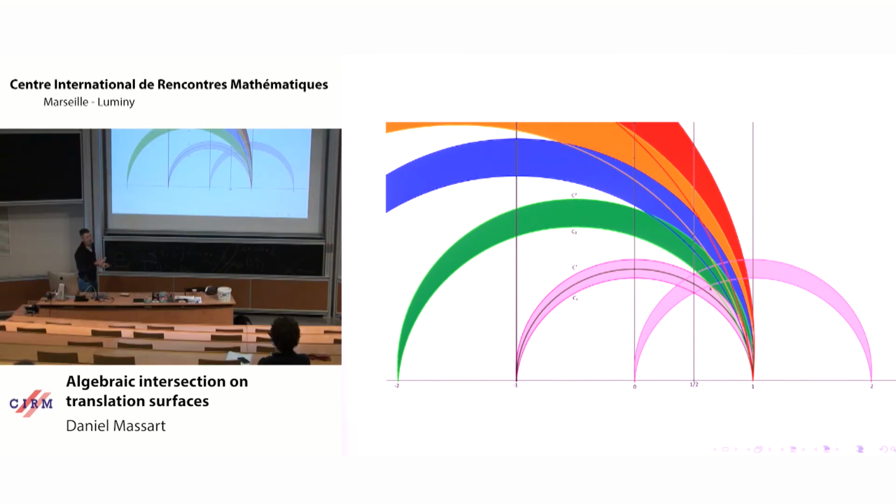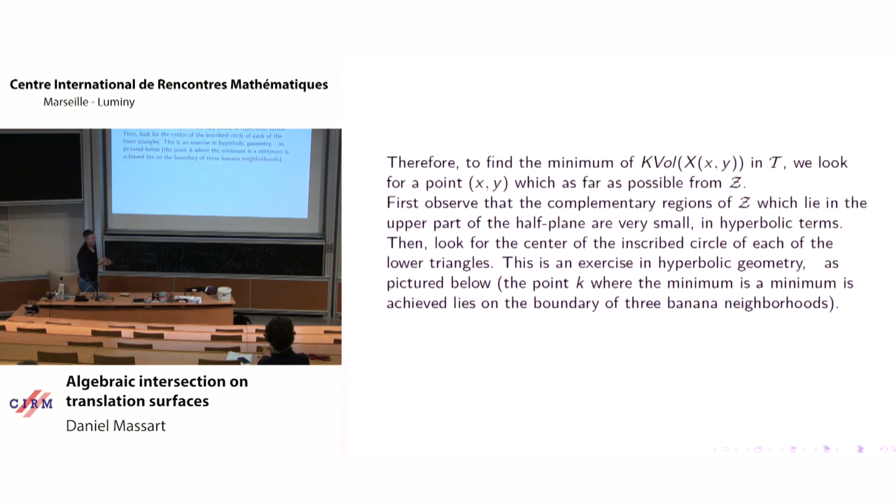But from what I have said, you may have the impression that Bill is bounded on the Teichmüller disk. So it seems that I'm lying. So I have lied a little bit, actually.